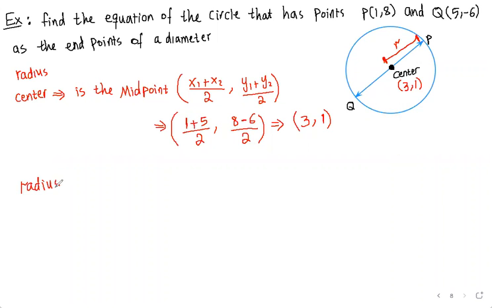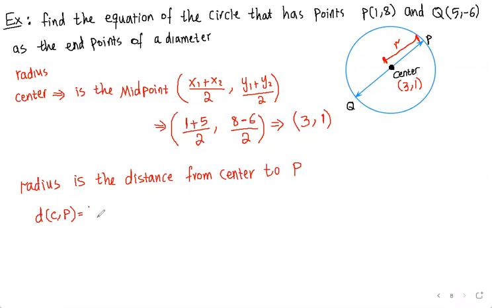So now, okay, let's do the radius. The radius is the distance from the center to B or Q, whatever I need. I'm going to choose B. So what is the distance from C comma B from last time?